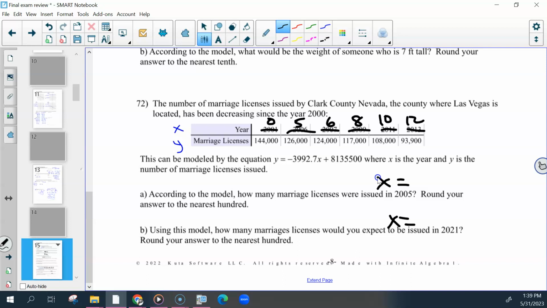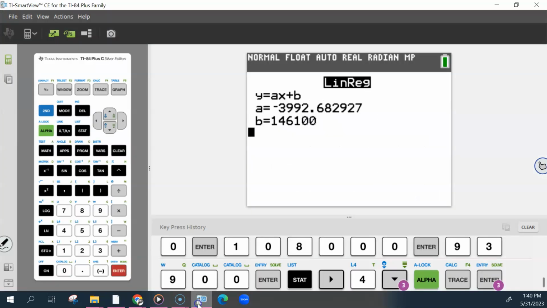So how many years has passed between 01 and 05? 4 years, yes. And then 01 to 2021. 20 years. So those are the 2 x values we're going to be looking for y values for.